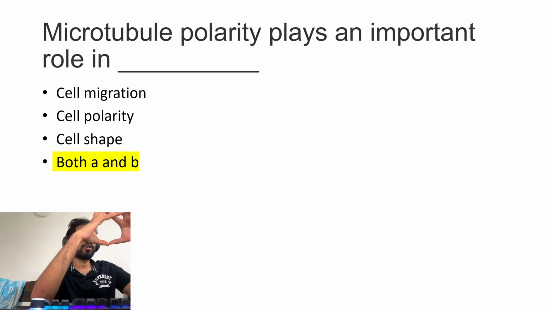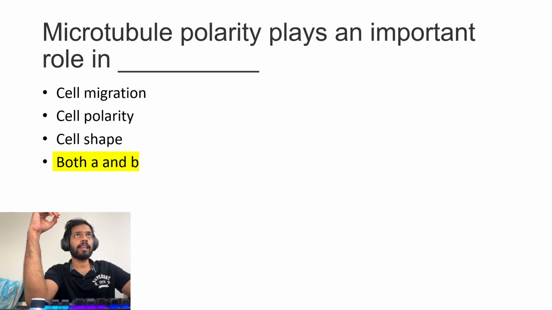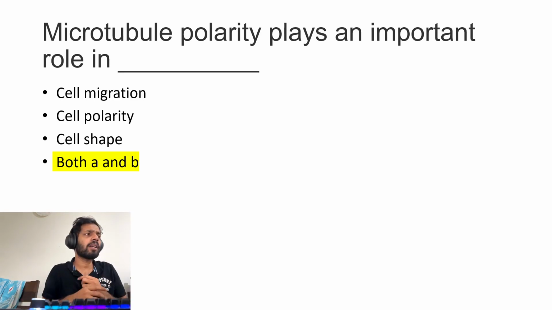The microtubules are oriented along the cytoskeleton of the cell, and because they have a polarity, the cell ultimately has a polarity, and this polarity helps in trafficking translated proteins to different regions of the cell, and so on and so forth. But also, it helps in cell migration. So, when you consider neutrophils or macrophages, where they migrate to different parts of the body, microtubule polarity plays a very important role in the direction in which they migrate.